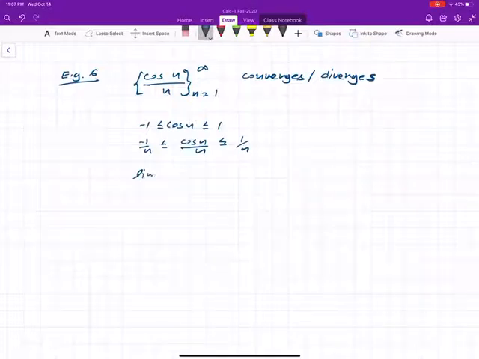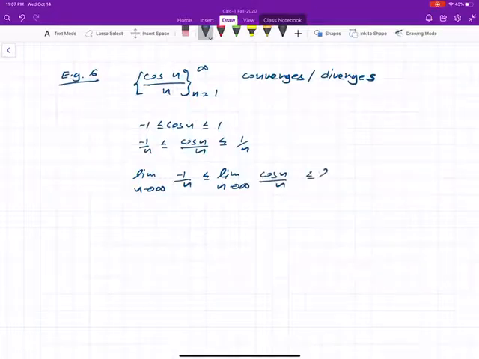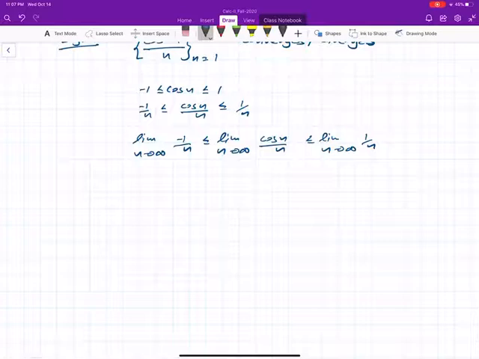So I write limit n goes to infinity -1 over n, limit n goes to infinity cos n over n, and limit n goes to infinity 1 over n. Let's consider the limit of that. What is the limit when n goes to infinity?